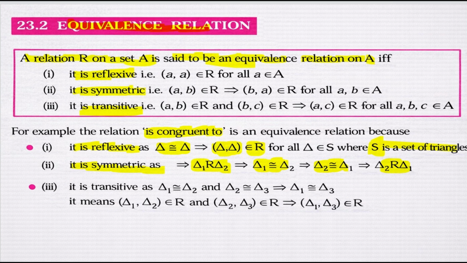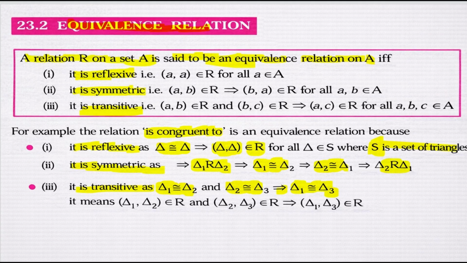Okay. Now let me check the transitive property. Triangle 1 is congruent to triangle 2, and triangle 2 is congruent to triangle 3. It implies triangle 1 is congruent to triangle 3.